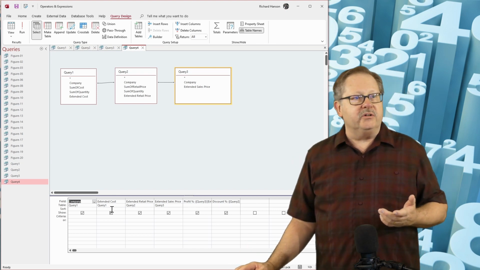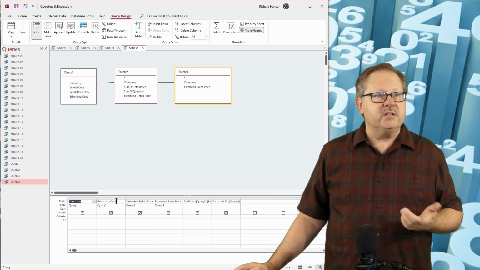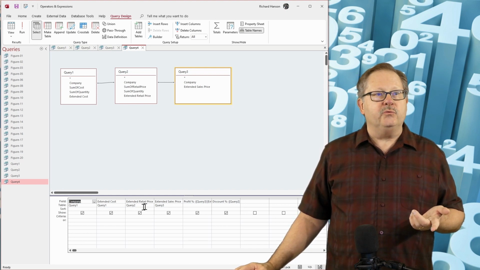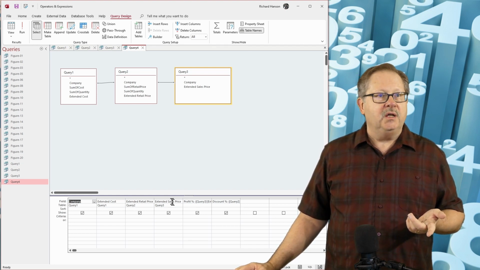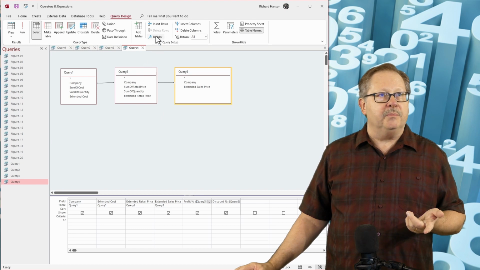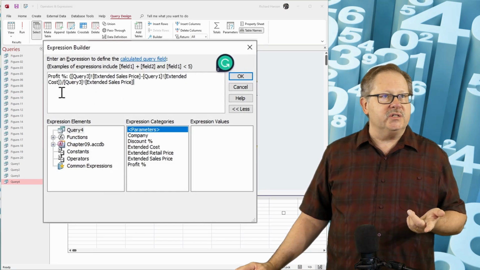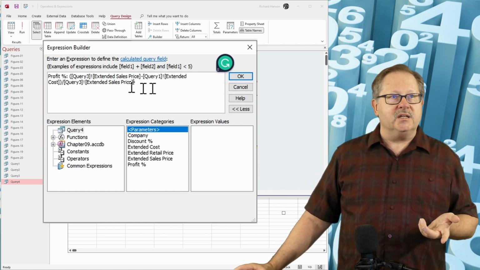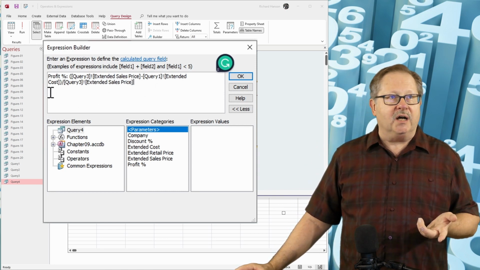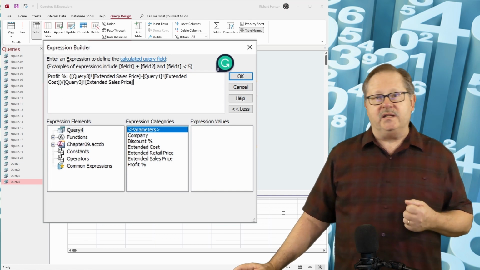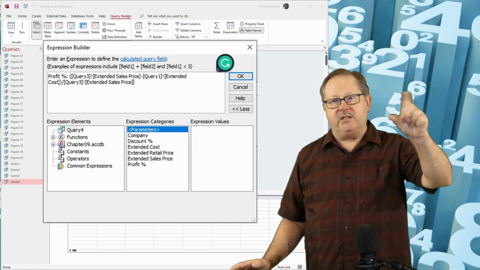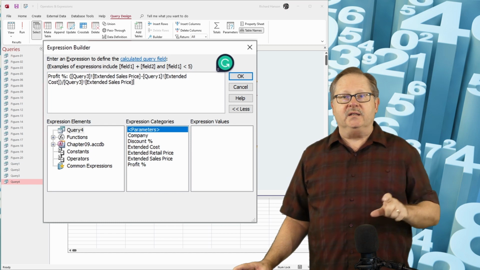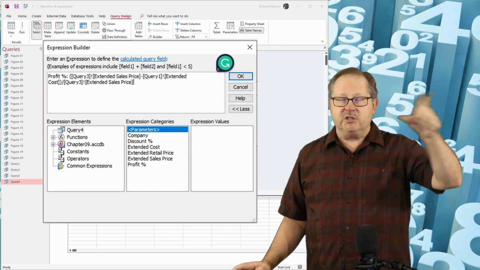What I've done here is put the extended cost from Query 1, the extended retail price from Query 2, and the extended sale price from Query 3. To figure profit, I'm going to bring it up in the builder because it's easier to see. My profit percent is the extended sales price minus the extended cost, divided by the extended sales price, to figure out what percentage of that money is profit.